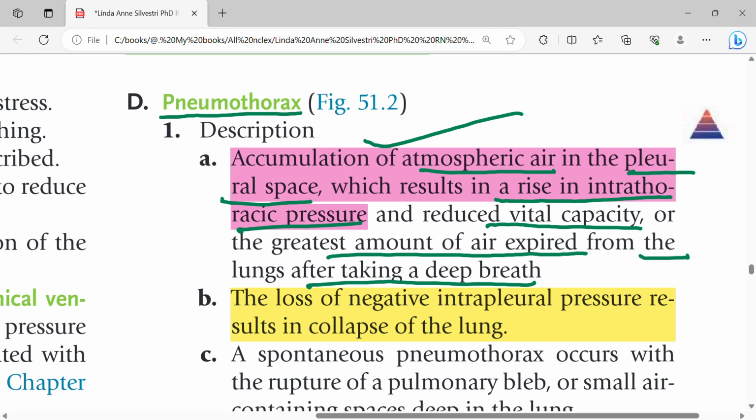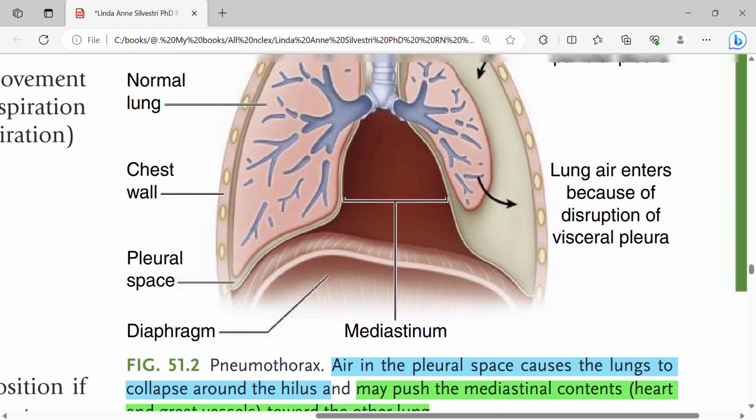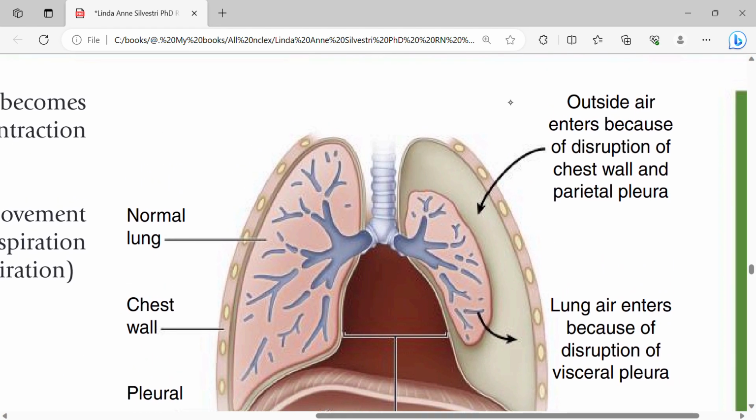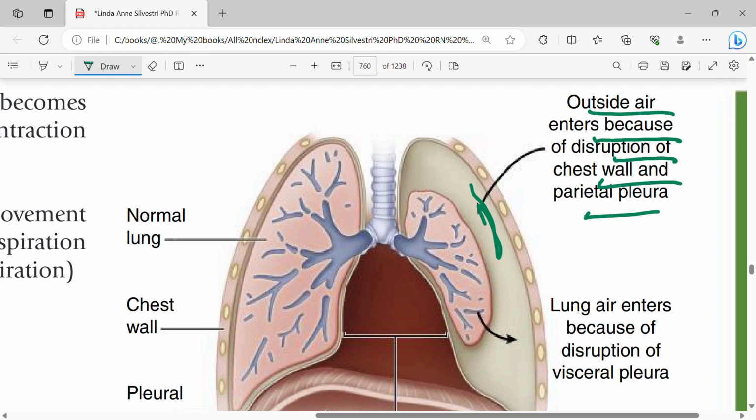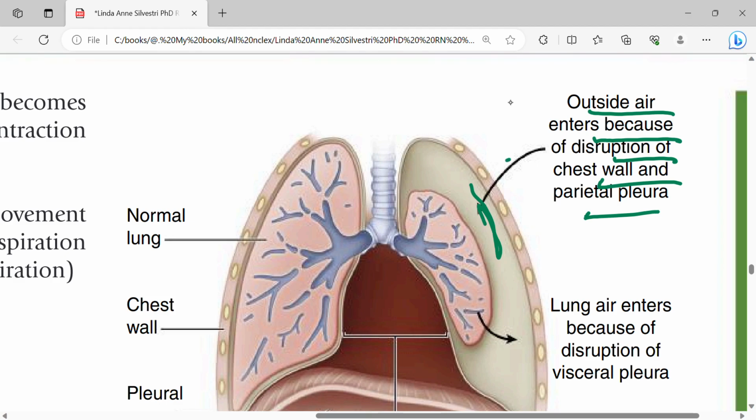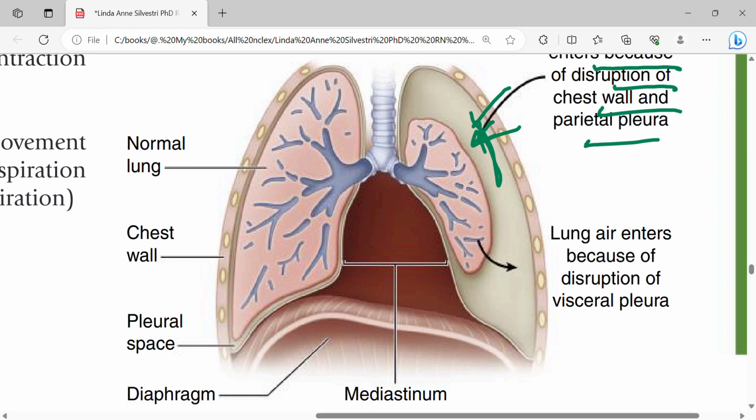Okay, this is the diagram. This is the pleural space, the parietal pleura and the visceral pleura. Outside air enters because of disruption of the chest wall and parietal pleura. Outside air will enter into the pleural space, and air from the lungs will also come into the pleural space.